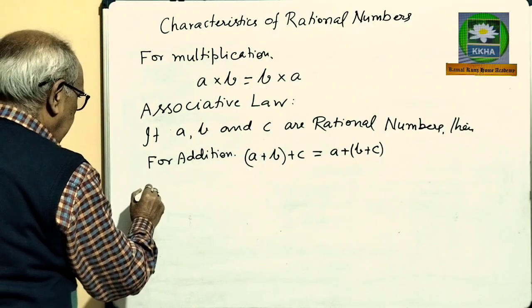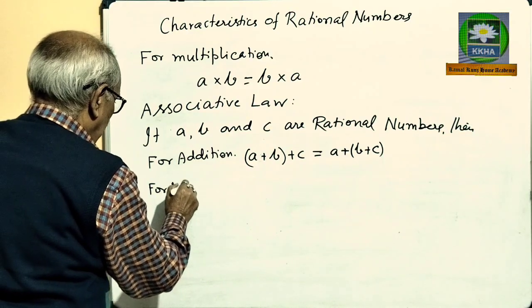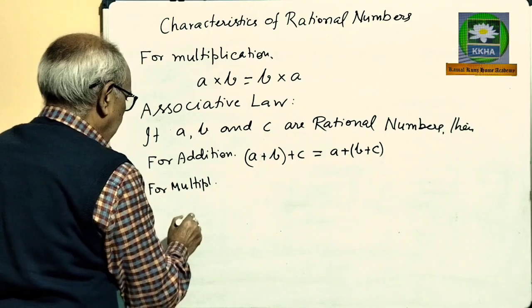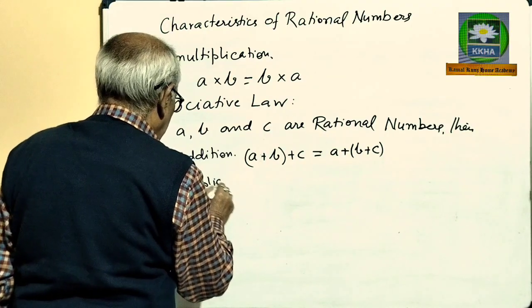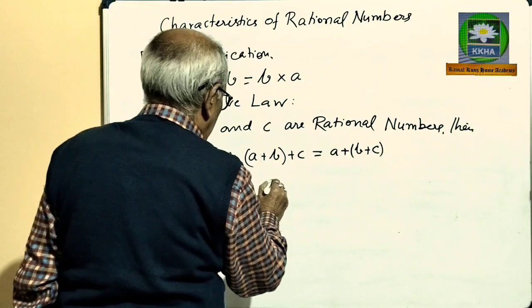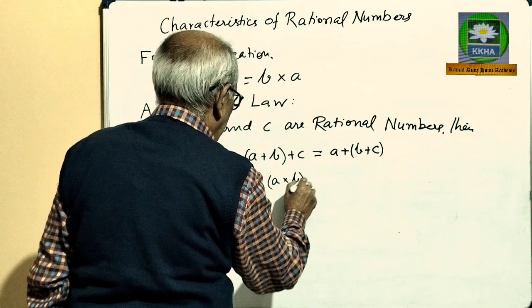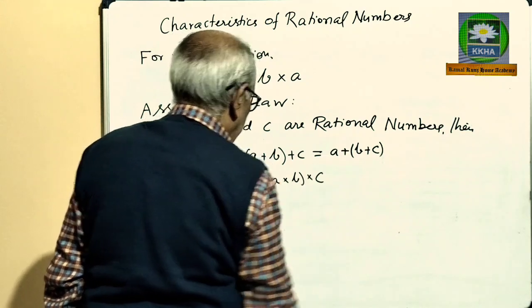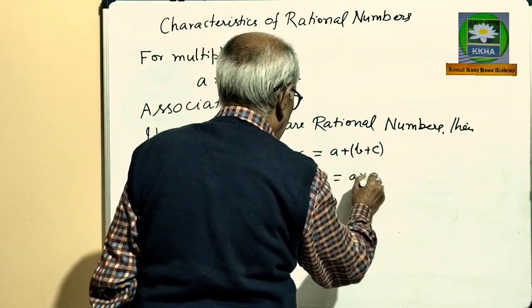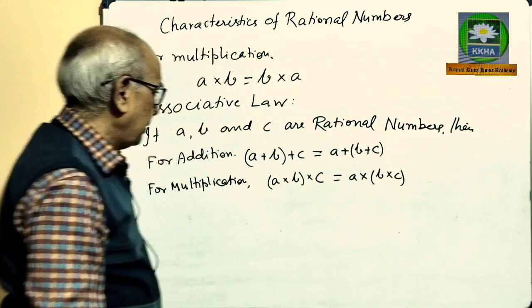For multiplication, A multiplied by B multiplied by C is equal to A multiplied by B multiplied by C grouped differently.